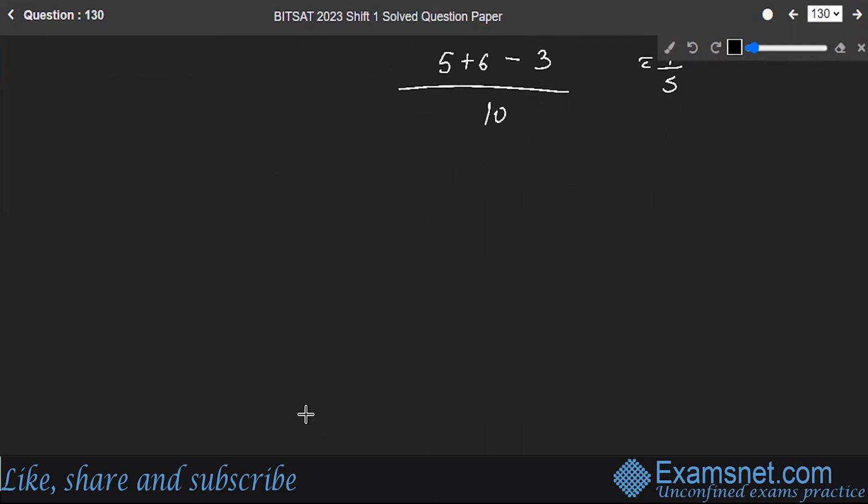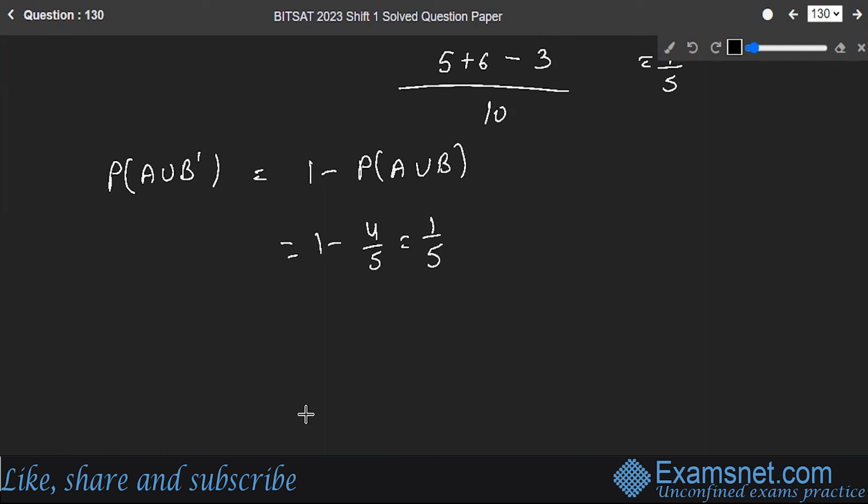So probability A union B complement is equal to 1 minus probability A union B, or this is equal to 1 by 5.